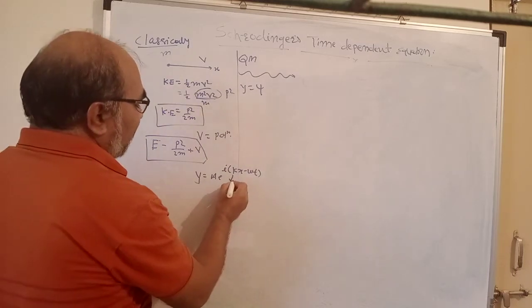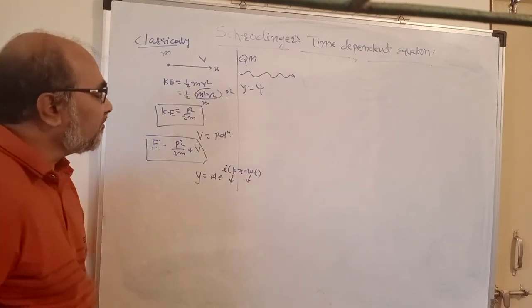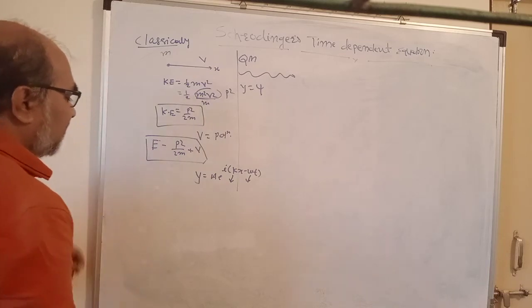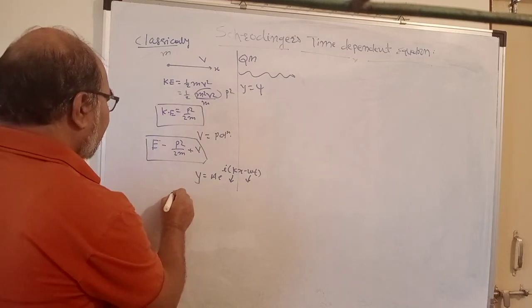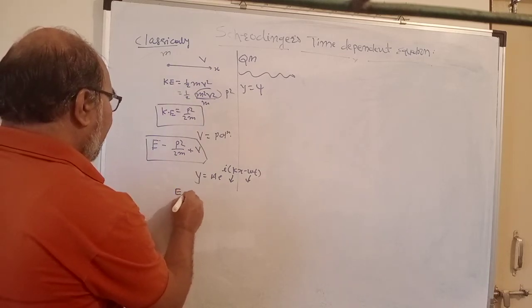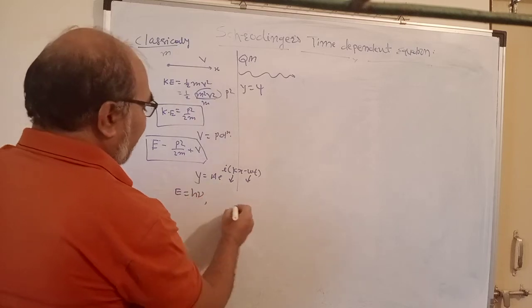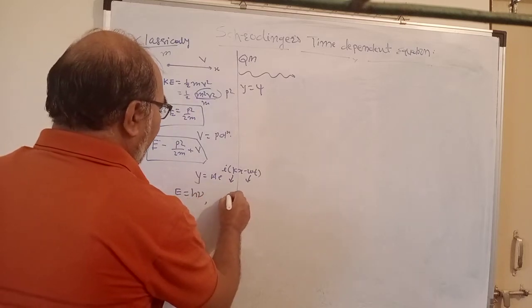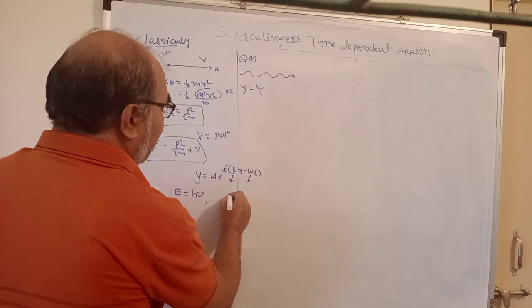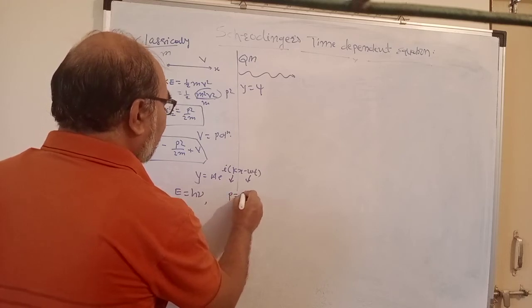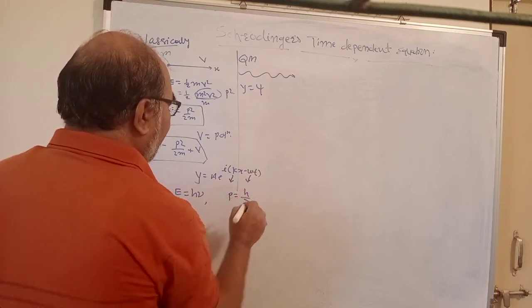Then, since we do not know k and omega, we consider another relation: E is equal to h nu, and p is equal to h by lambda.